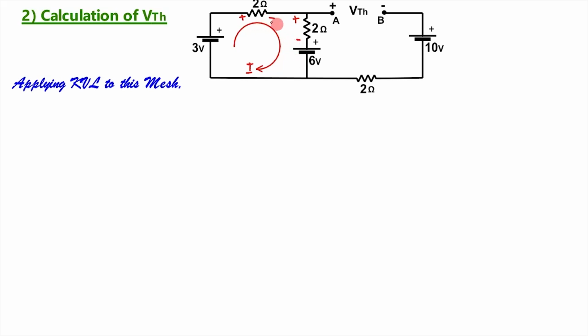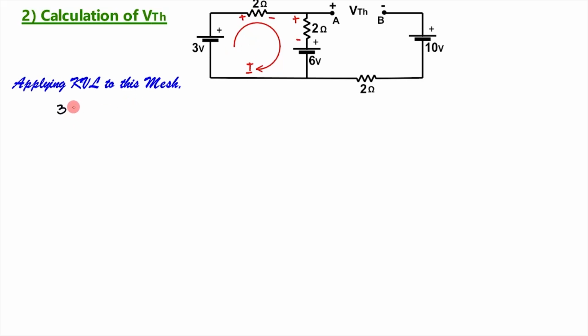Then writing the equation for this mesh, as current is flowing in this direction, here it is rise in potential, so it is plus 3. Then here it is from positive to negative, so in this resistance it is a voltage drop of current into resistance, 2I.